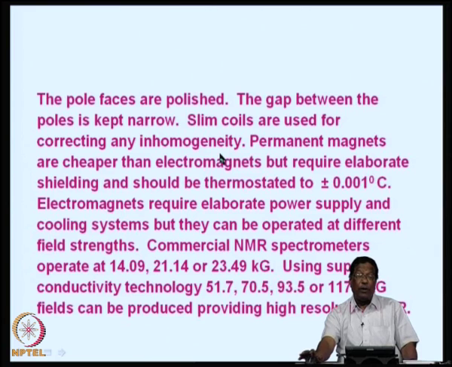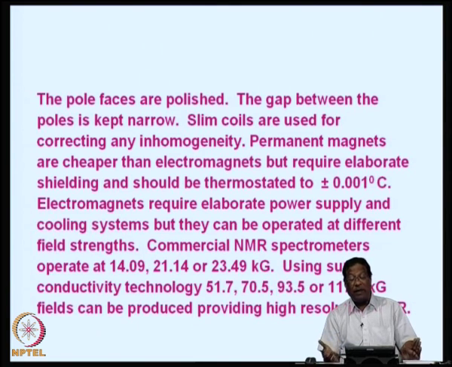Usually permanent magnets are cheaper than electromagnets, because permanent magnets are easy to maintain, but they require elaborate shielding and should be thermostated to plus or minus 0.001 degree centigrade.